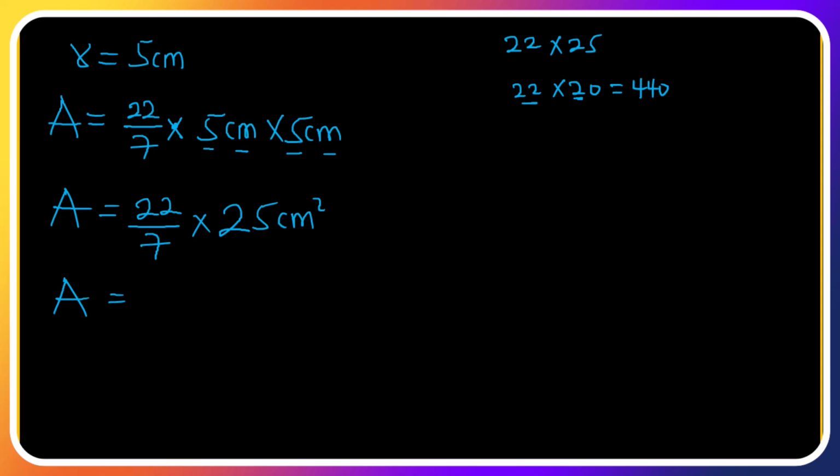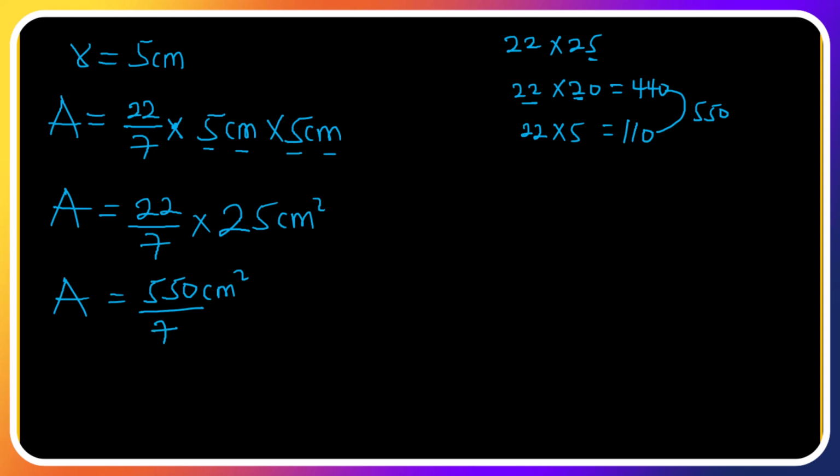The remaining number here is 5, which is the ones. 22 times 5: 20 by 5 is 100, and 2 by 5 is 10, so 110. 440 plus 110 gives us 550. So for our numerator, we have 550 centimeters squared.